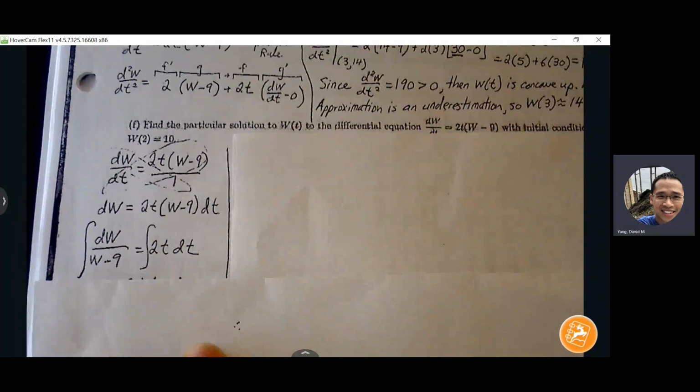Okay, so use substitution, natural log on the left side, power rule on the right side.